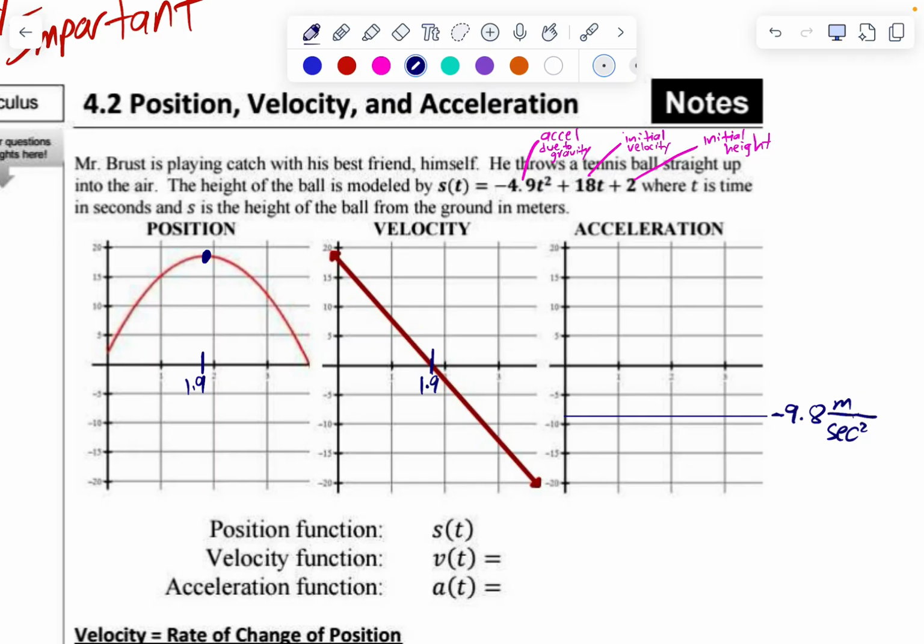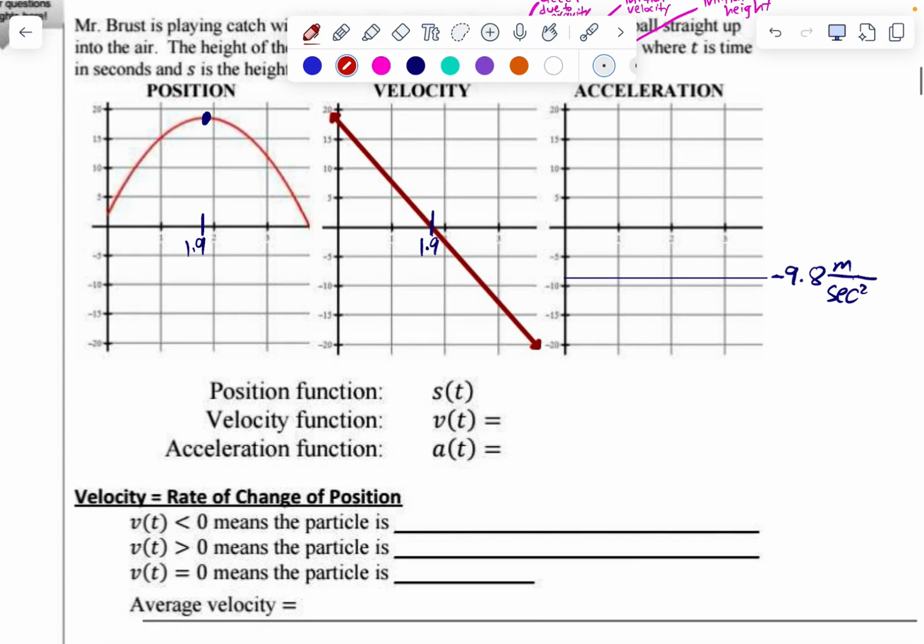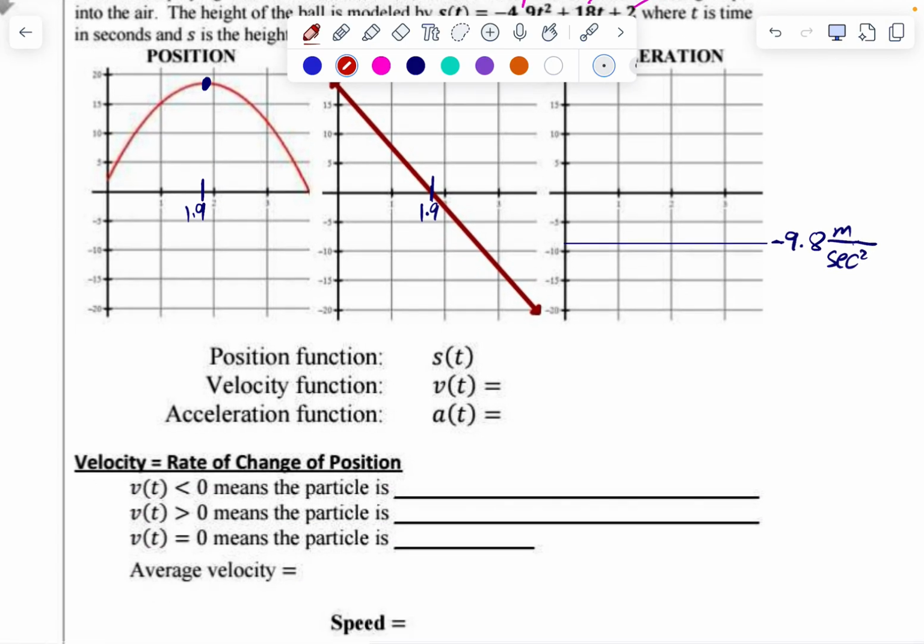Just take a moment to relate your 3 graphs. Quadratic, linear, constant. Everybody good on those? Okay. Once we write this next section, you're going to see why that is. So first of all, position is S. S of t, not P of t.